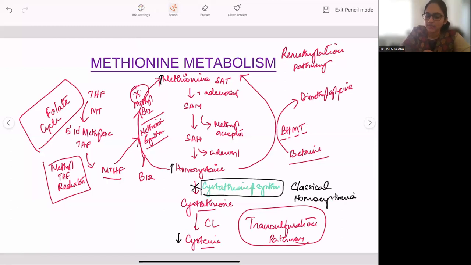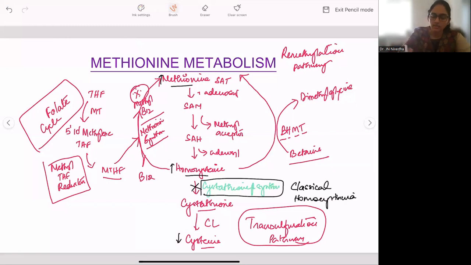Also, you have excess urine excretion of methionine and homocysteine, as well as elevated methionine and homocysteine in plasma and low levels of cysteine in plasma.